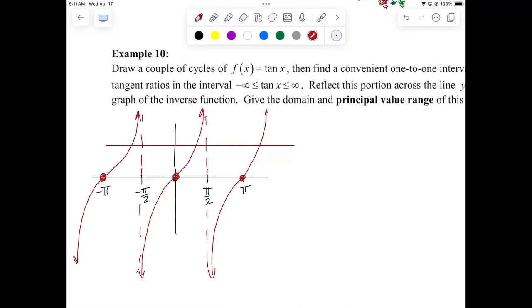When a graph like this repeats itself over its domain, it won't pass the horizontal line test, because notice it fails it miserably. To review what the test is, you draw a horizontal line, and it cannot touch the graph more than once. Because if it touches the graph more than once, that means you have multiple values of x with the exact same y value.